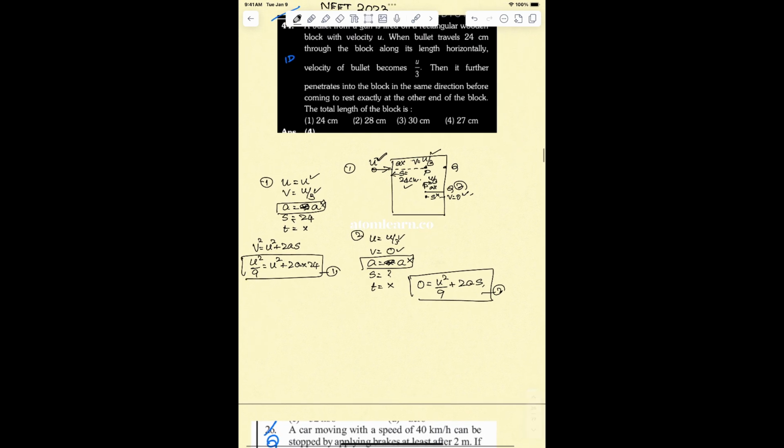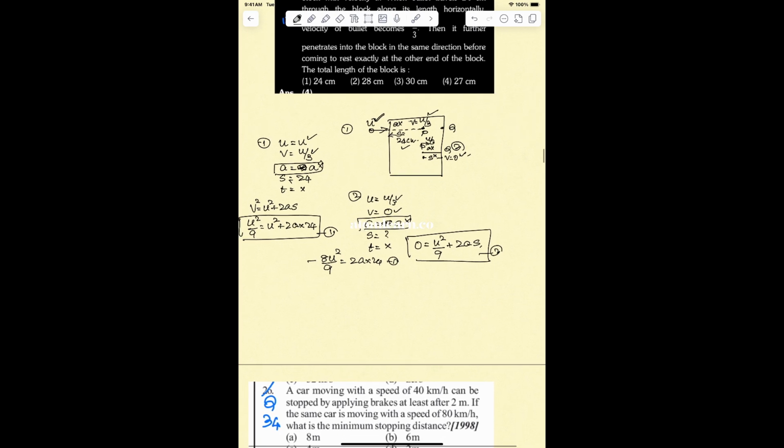So how do we do it? From the first equation, I'll write it as minus 8u squared by 9 equal to 2a into 24, first equation. Then the second equation is minus u squared by 9 equal to 2a into unknown s.